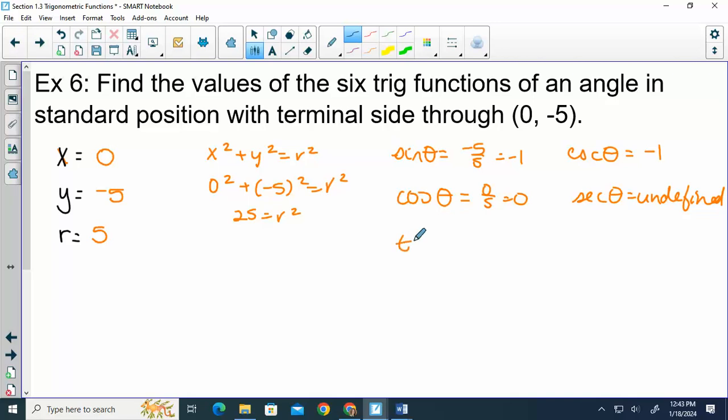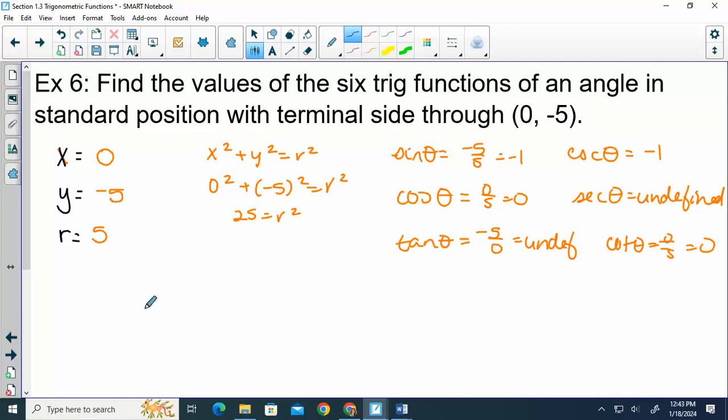Okay, tangent, y over x, undefined. And then cotangent is 0. All right, so again, we have a lot of zeros and undefineds in here.